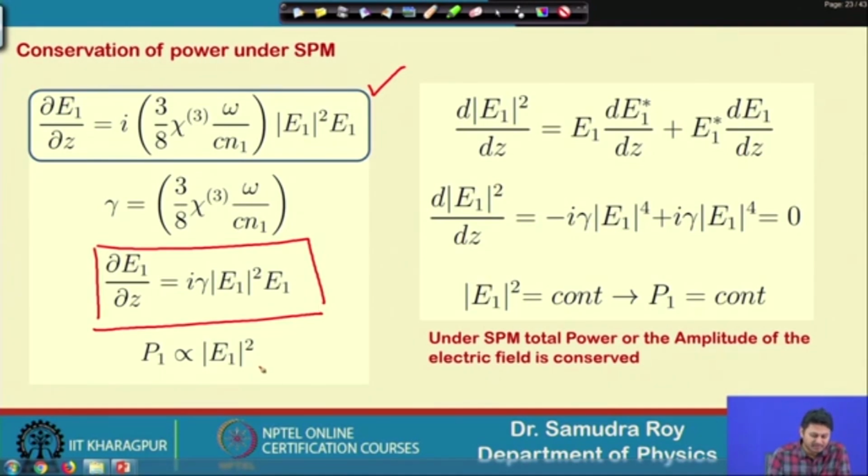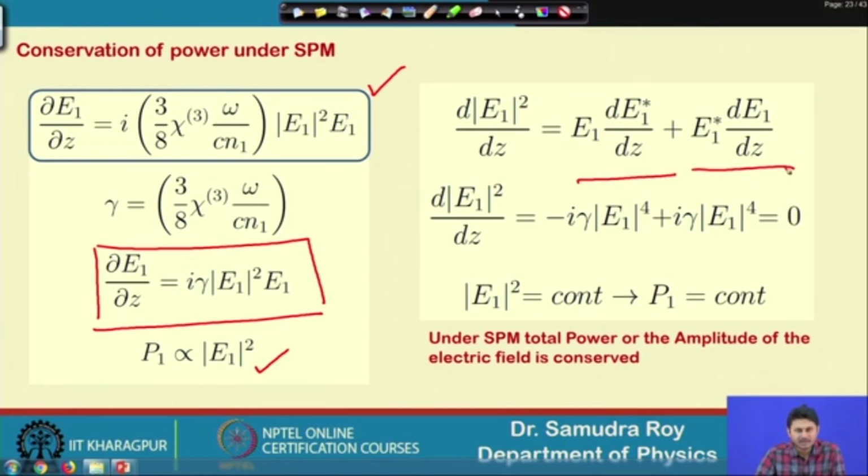Power is clearly proportional to mod of E1 square. Power P1 is related to the power of the electric field defined by E1. So, if I try to find the derivative of mod of E1 square, d dz of mod of E1 square is E1 dE1 star dz plus E1 star dE1 dz.